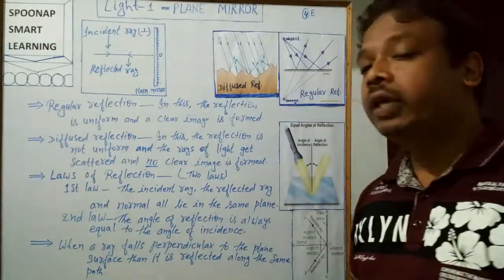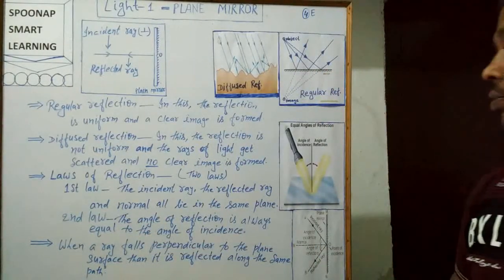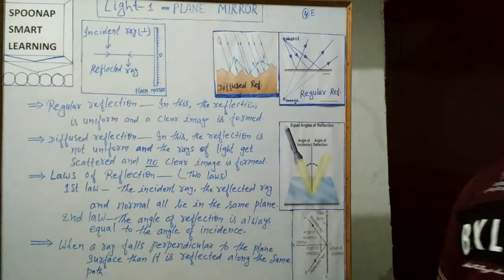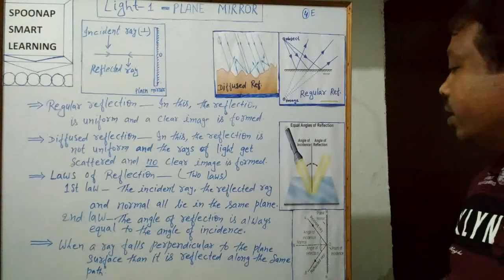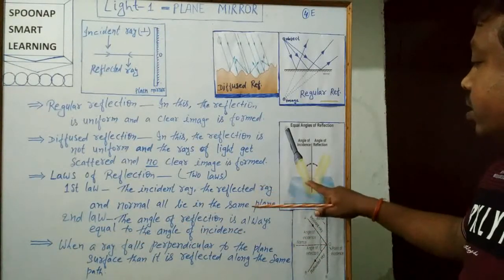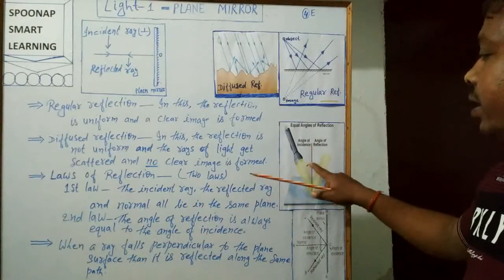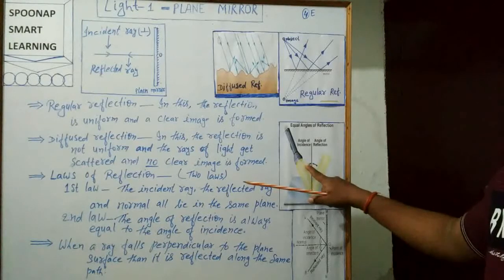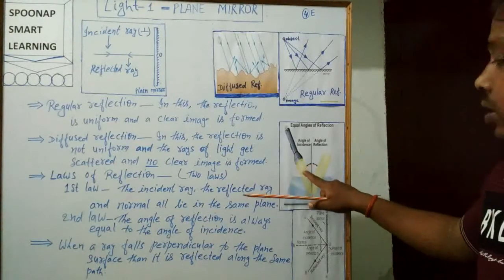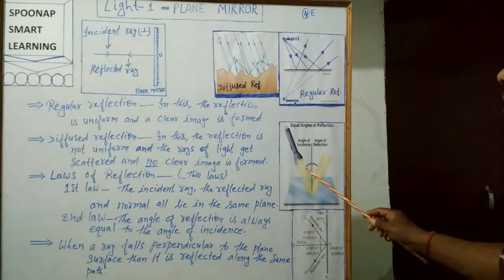And the second law states that the angle of reflection is equal to the angle of incidence. This is the incident ray and this is the normal, and the angle between them is called the angle of incidence. This is the angle of incidence.